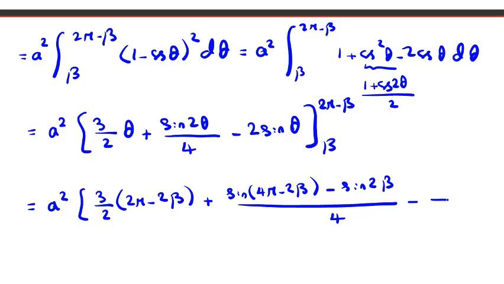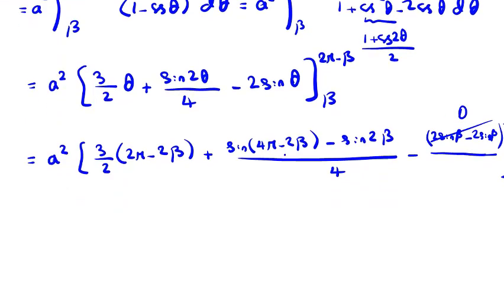In this fraction, 2 sine (2 pi minus beta) you can replace with 2 sine beta, and minus 2 sine beta, they will be cancelled.